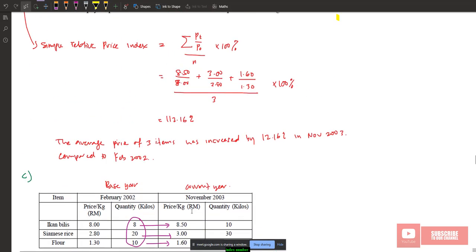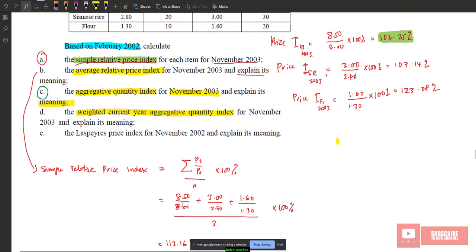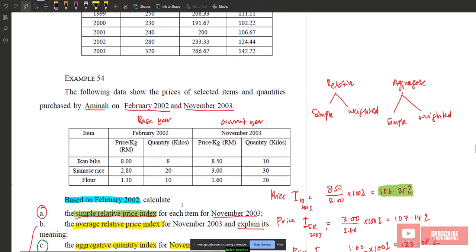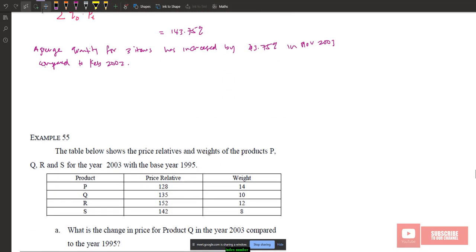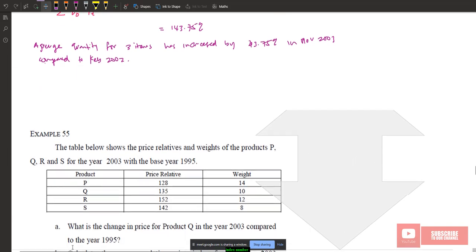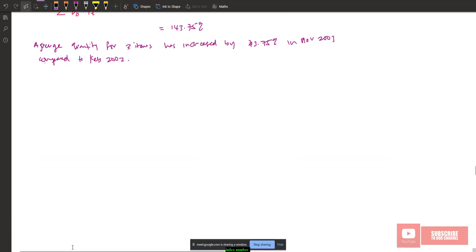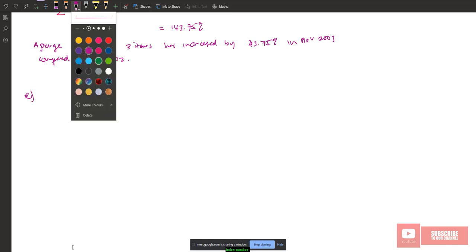Now look at the last question, which is we want to find the Laspeyres price index for November 2003 actually, right? And explain the meaning. So the last question is E. Let me use another color.